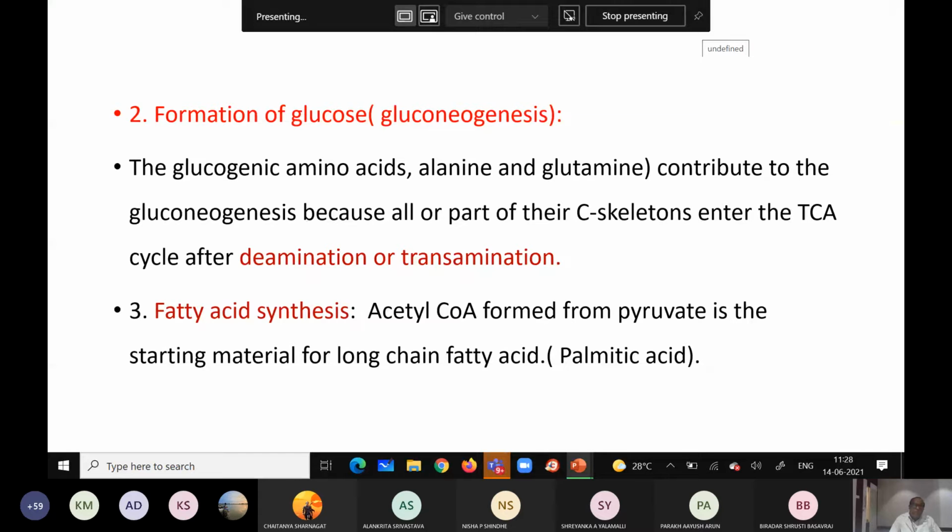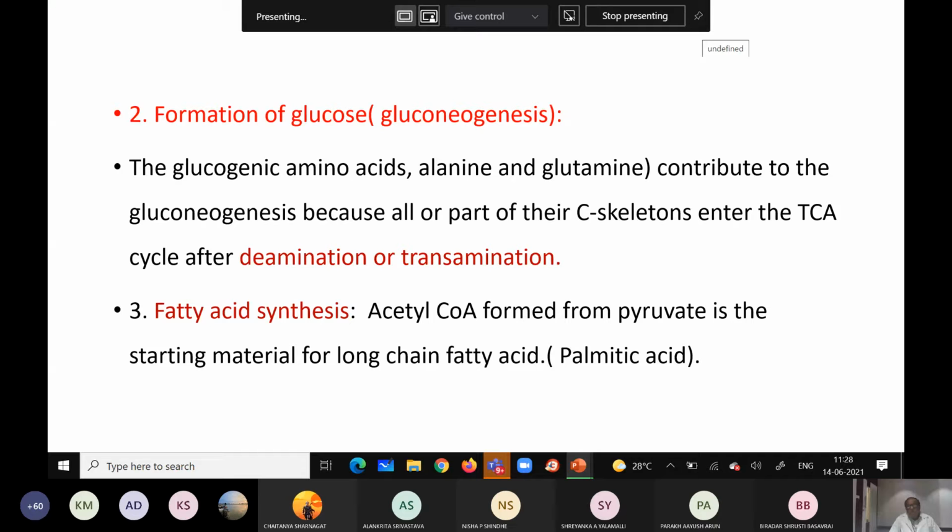Deamination means removal of the amino group, whereas transamination means transfer of the amino group to the keto acid. After these two functions, the carbon skeletons of these amino acids can be transferred through the TCA cycle for the production of glucose through the step called gluconeogenesis.